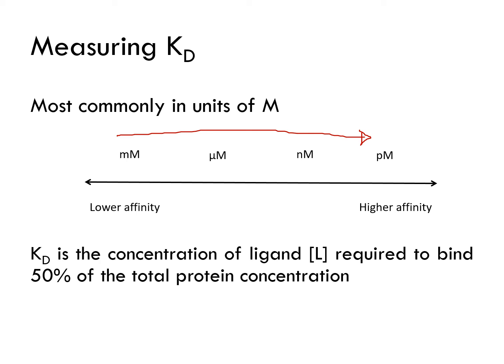Kd is measured as the concentration of ligand required to bind 50% of the total protein concentration. So if you are titrating in your ligand and you have a certain amount of protein, whenever 50% of that protein is in complex with a ligand, that is going to be your Kd value.